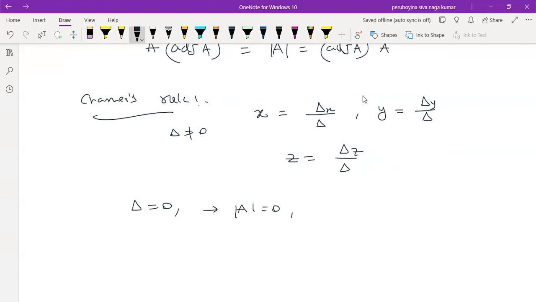And also adjoint A into B is also 0. Then the system is consistent and has infinite solutions.